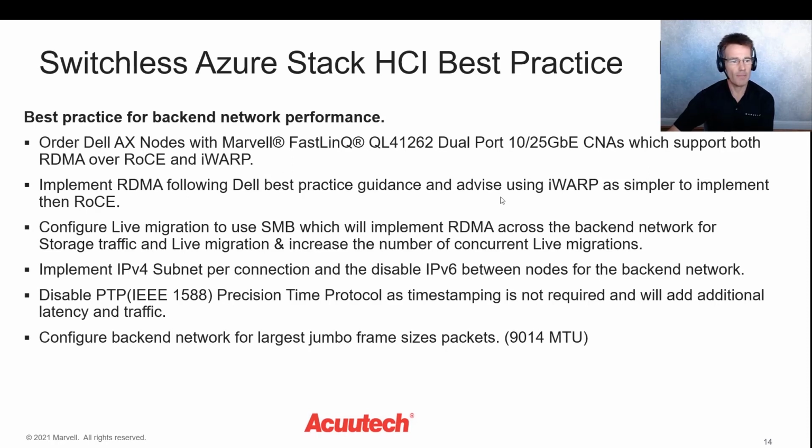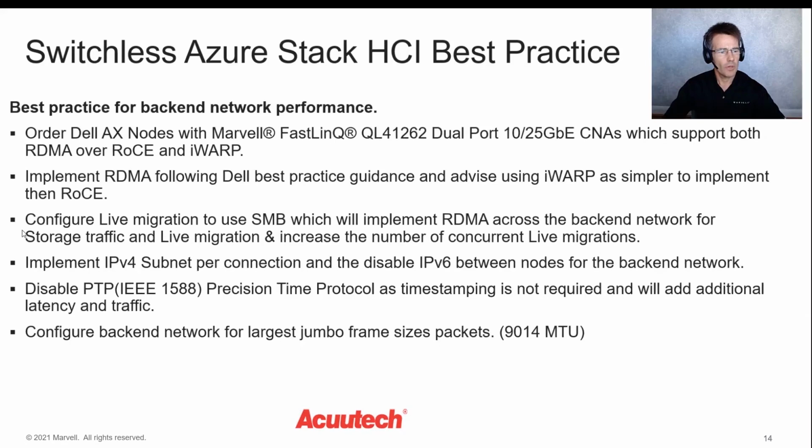It's a lot simpler to implement, and it's not just us, it's also Microsoft that advise that on all their blogs. So what we need to do is enable live migration to use SMB, Server Message Block, which will implement RDMA across the backend network.